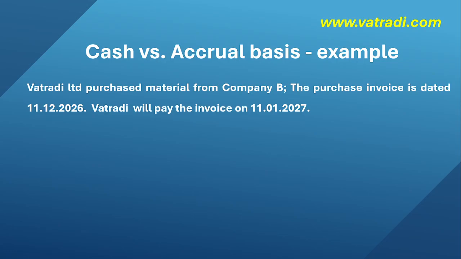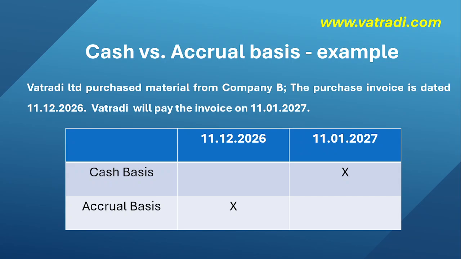To run the business under the cash basis accounting method is very different than to run the business under the accrual basis accounting method. And this is the reason. Under the cash basis accounting method, the cost is recorded in January 2027 and goes in 2027.